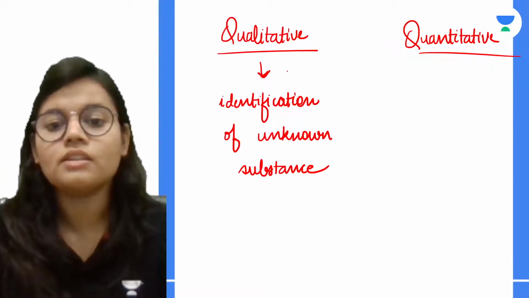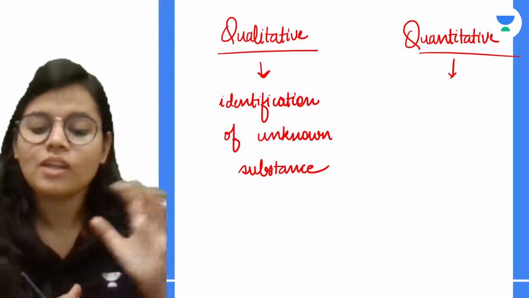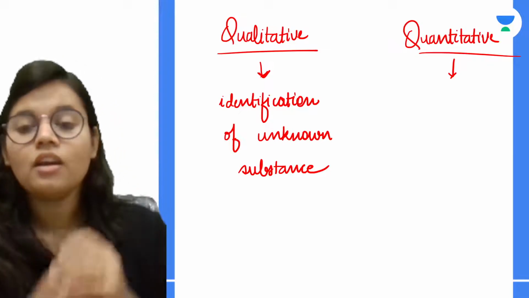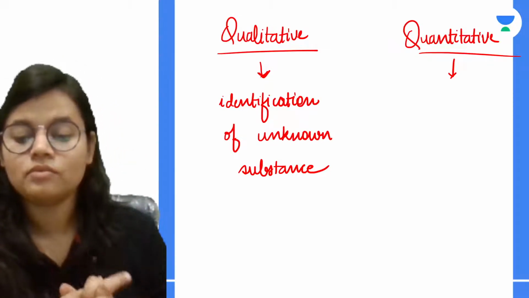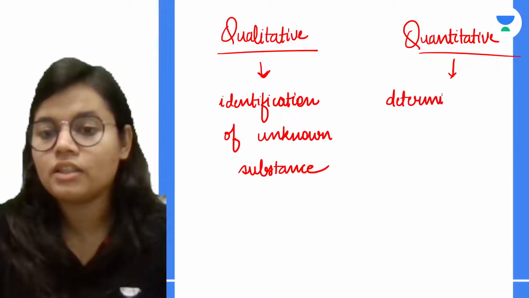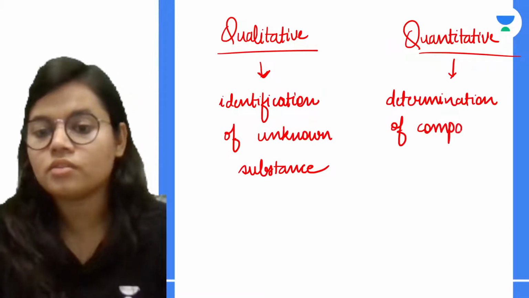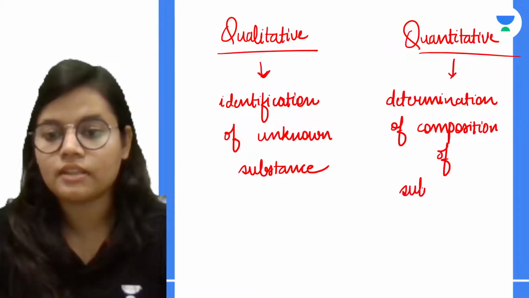Next type of analysis is quantitative analysis, that is quantity. So in this type of analysis, what are we doing? We are identifying what is the composition of the mixture that is given to us. Okay, so in this, we go for determining the composition of substance.